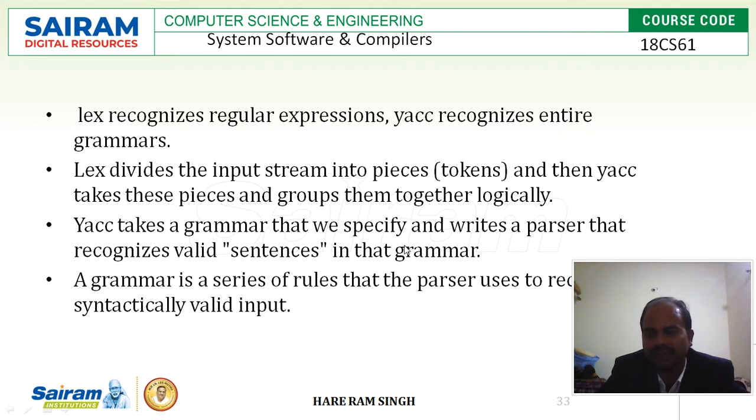It will check whether the sentence is valid or not. A grammar is a series of rules that the parser uses to recognize syntactically valid input. Based on a grammar, that parser will identify whether this input is valid or not.